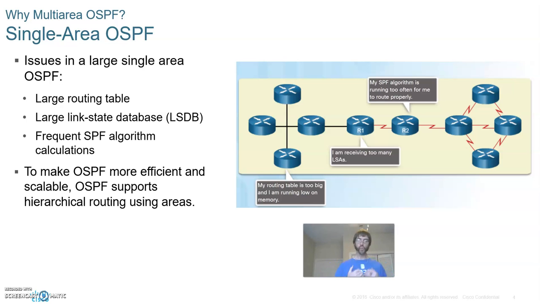So the way to make all of this more efficient is to break that one big area up into smaller areas so that each area builds its own LSDB with fewer devices, fewer networks, fewer interfaces to consider.